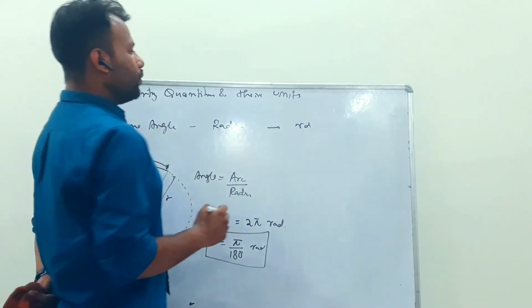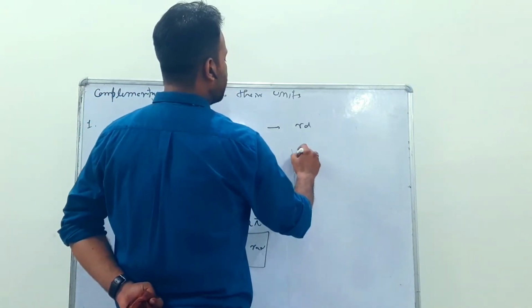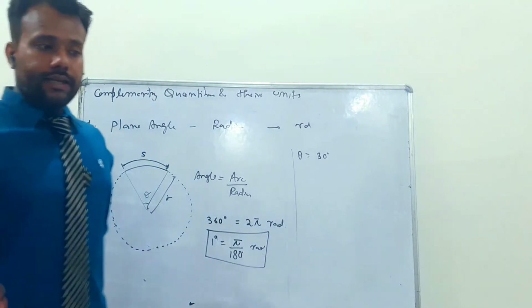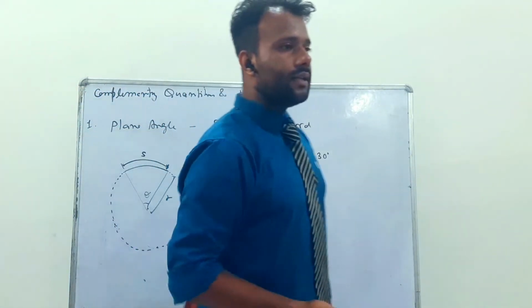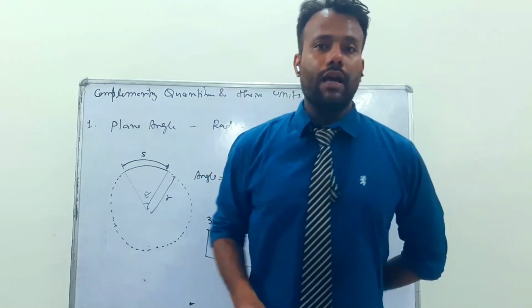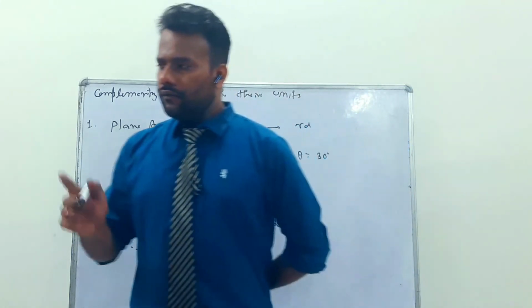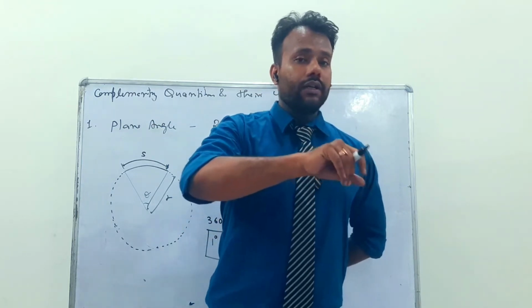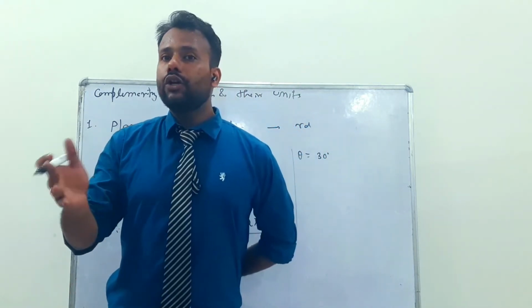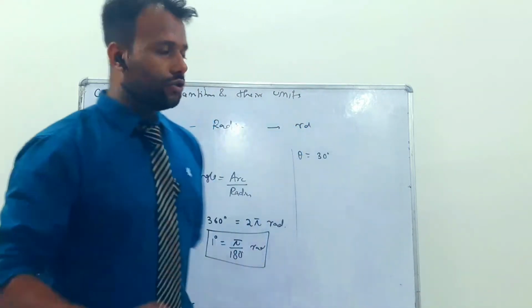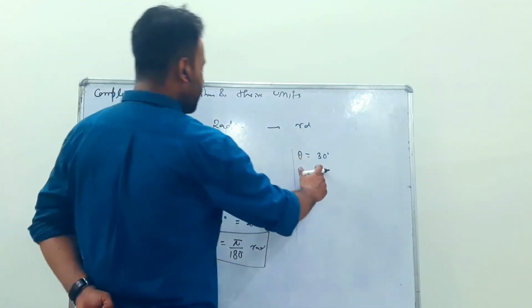For example, in an equation, it is given that the angle is 30 degree. So as I said, I can't use directly this angle into the question. First, I have to convert into the radian. Yeah, we can use this angle 30 degree if the quantity is given in the trigonometric quantities like sine, cos, tan. Right? Otherwise, we have to change it. So theta is 30 degree. How do we convert?